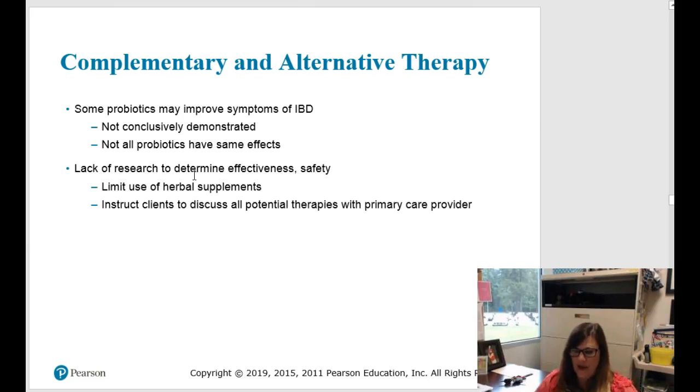The lack of research doesn't really prove one way or the other. So it's important to limit use of herbal supplements and make sure that our patients tell the primary care provider every product that they might be on, even if it's over the counter or a supplement.